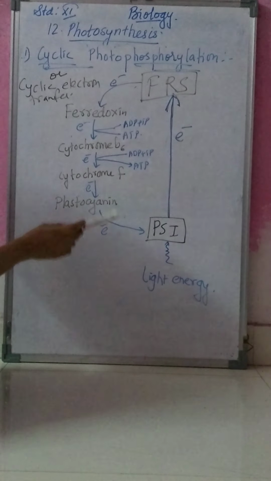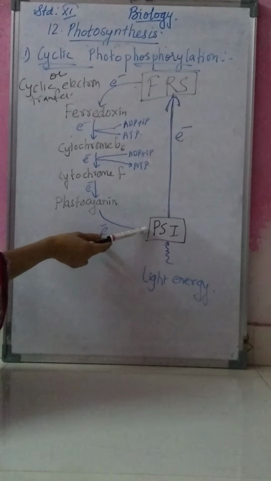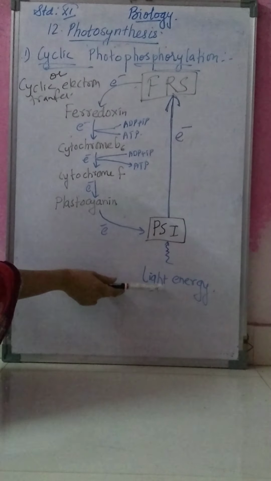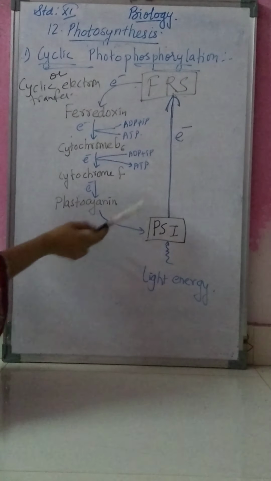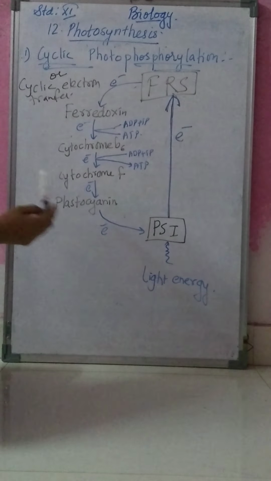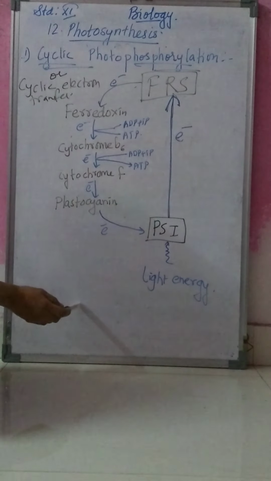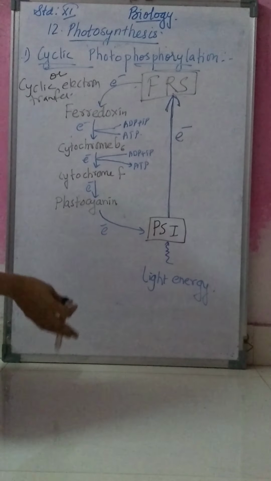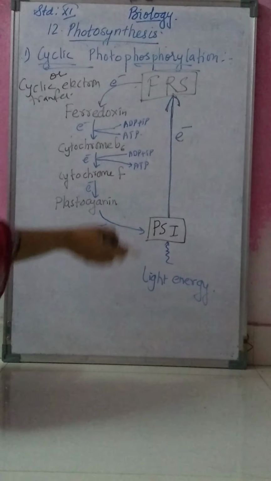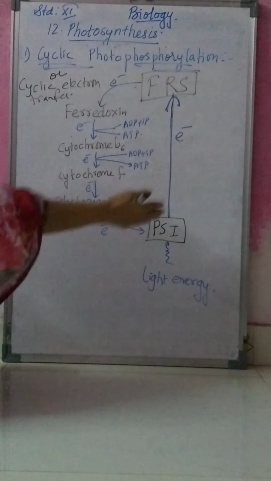Here illumination of photosystem 1 takes place. You can see light energy, the illumination of photosystem 1. As photosystem 1 is illuminated by light, it gets excited and releases electrons.